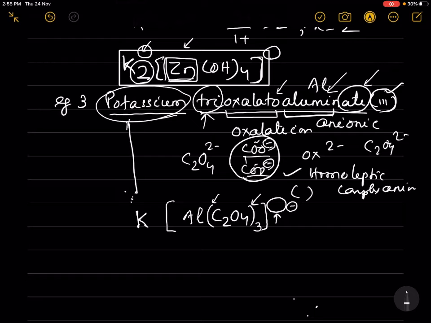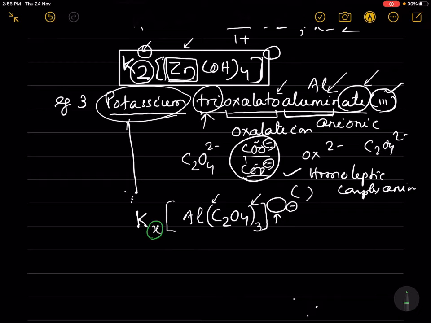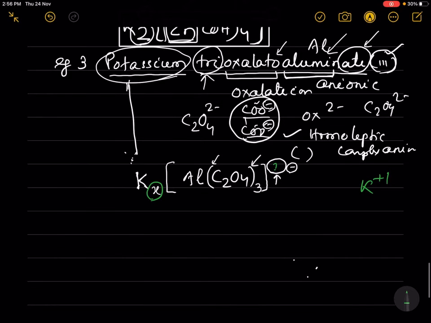If you write x, then it is easy for you to calculate: Kx. And you know the charge on K is +1. Now I have to find this charge first. You see, the charge on aluminium is +3. Charge on oxalato is 2 minus each. So I can write -2 into 3 is -6, and +3 plus -6 is -3.